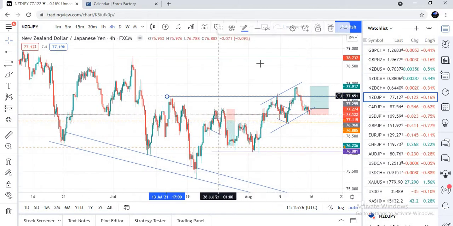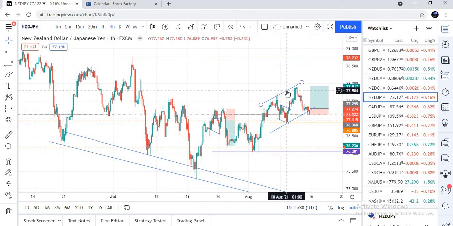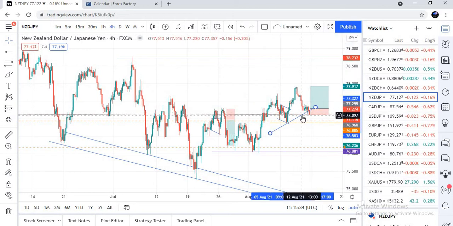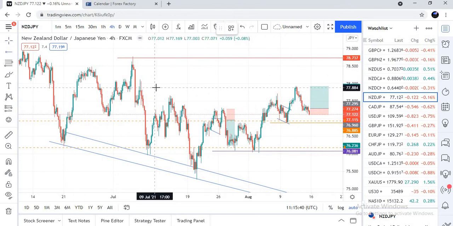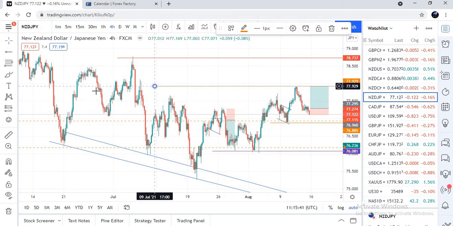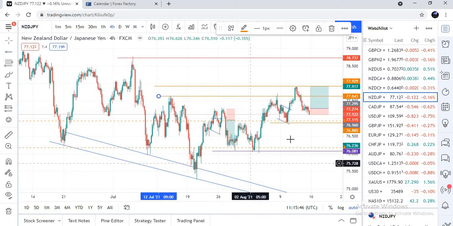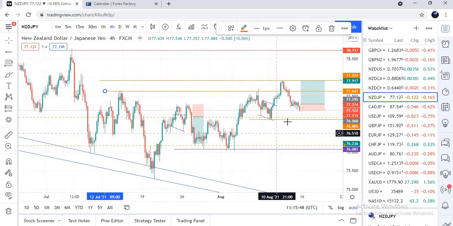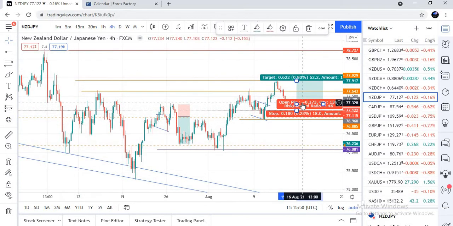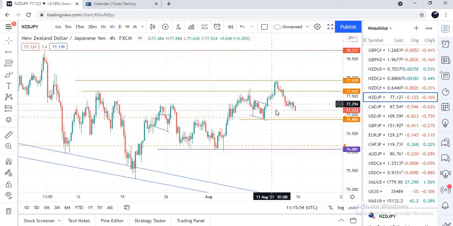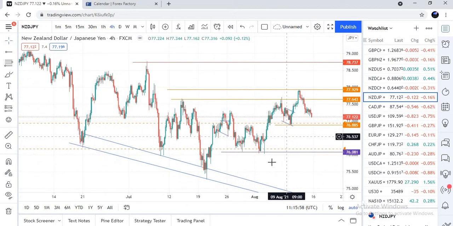So let's take this away, because I think this is a violated support level, and this is an invalid setup for this trade. So we are just going to be setting a support level here and a support level here. So we're going to be taking out this short position because it is no longer valid for this trade. So we're just going to be watching how this is going to be moving for this week.